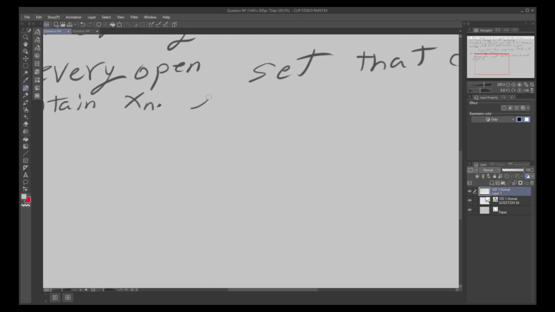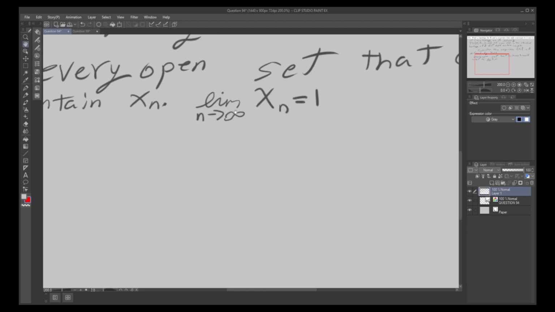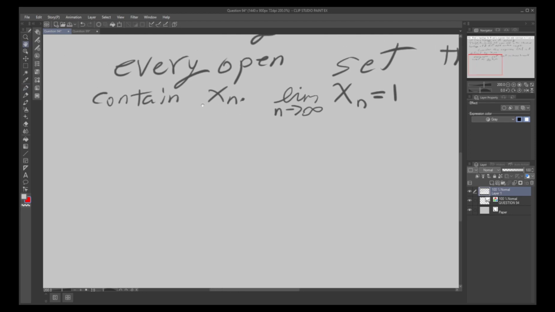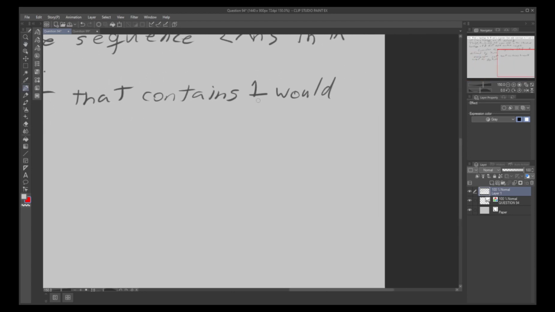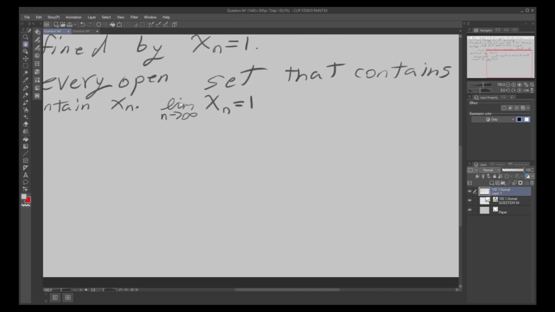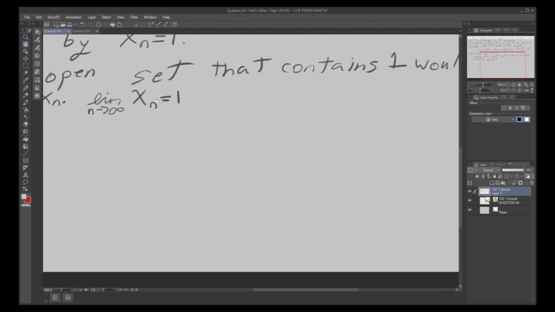Denoted as the limit as n goes to infinity, x of n would be equal to 1 such that it converges to 1. And the same thing could be said for every open set that contains 2. The same holds true.